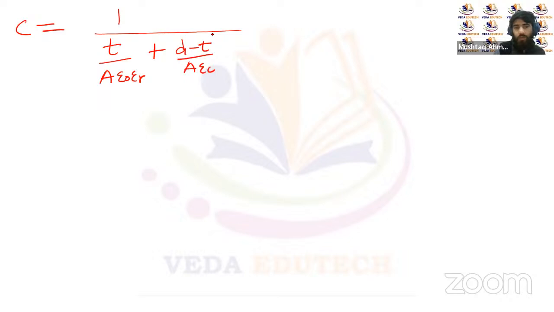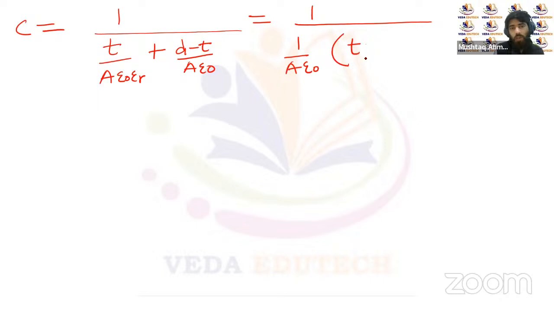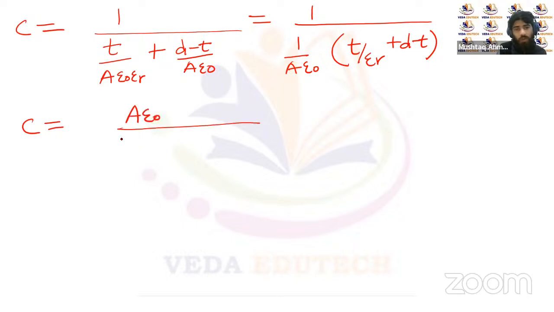We can take 1 upon A epsilon naught as common. We'll be left with T upon epsilon r plus D minus T. Taking A epsilon naught into the numerator, we get A epsilon naught upon T upon epsilon r plus D minus T.